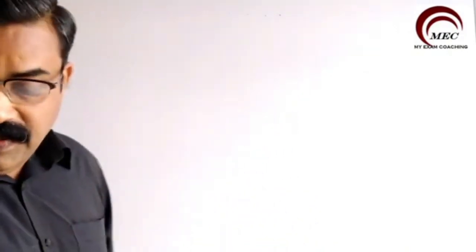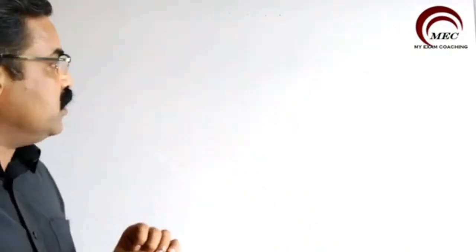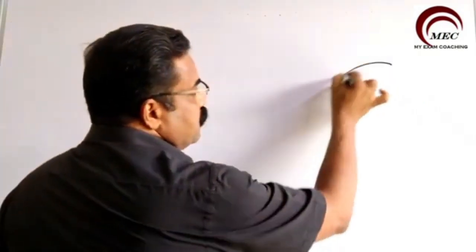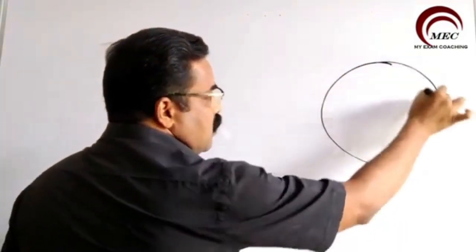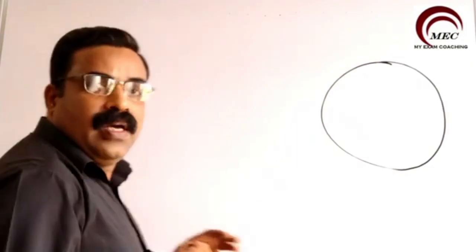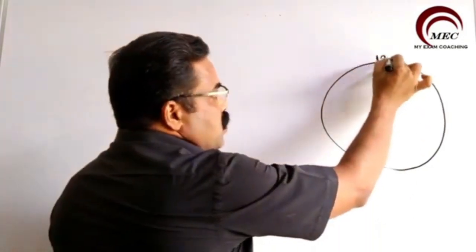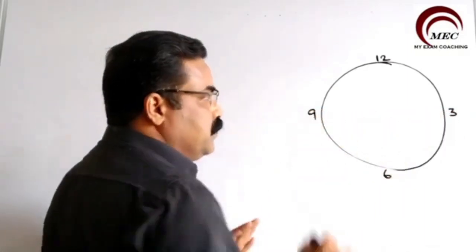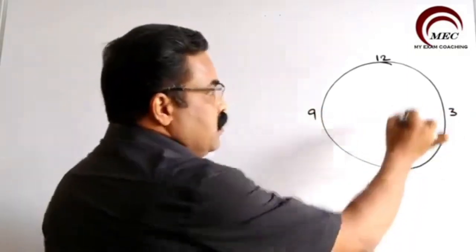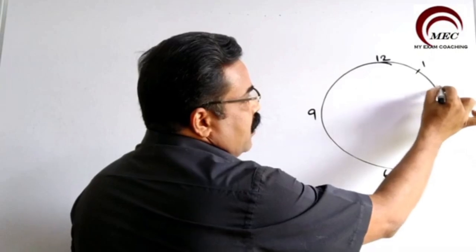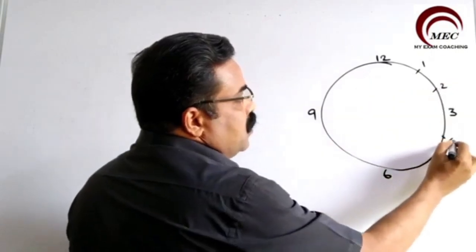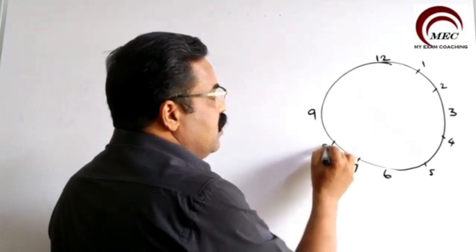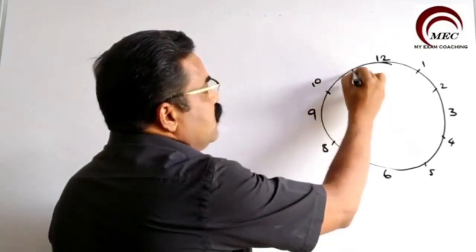When we talk about the basic concepts of clock, students, let us take this as a clock. We have 12, 6, 3 and 9, and let us mark the rest as 1, 2, 4, 5, 7, 8, 10, 11.